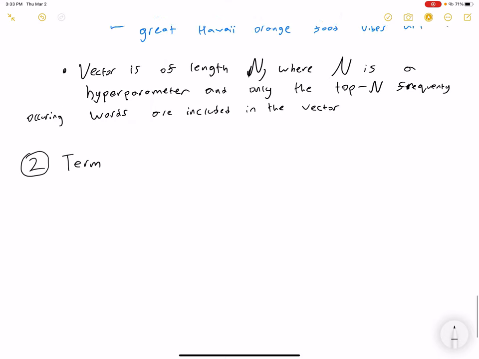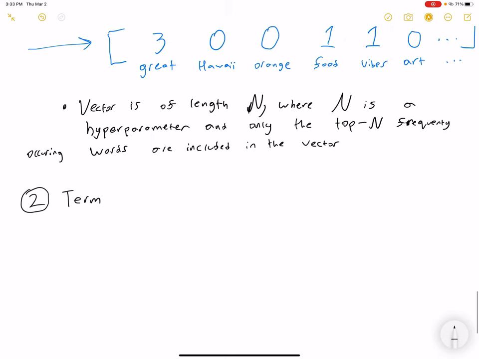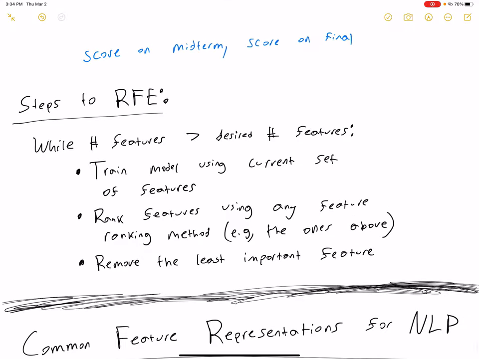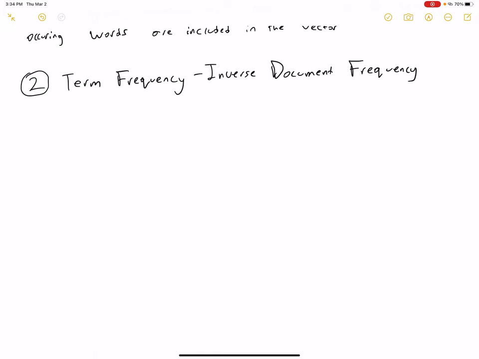Term frequency, inverse document frequency, TF-IDF. So whenever you see TF-IDF, it's term frequency, inverse document frequency.